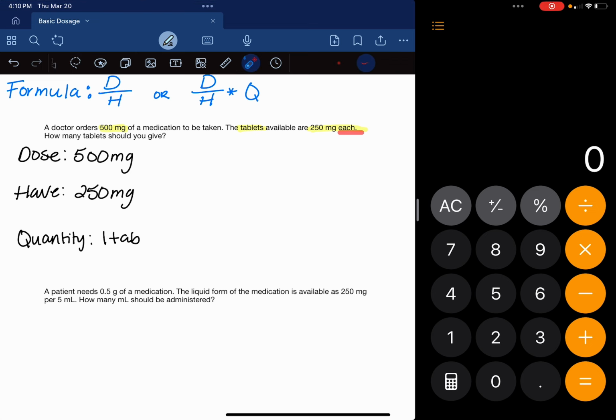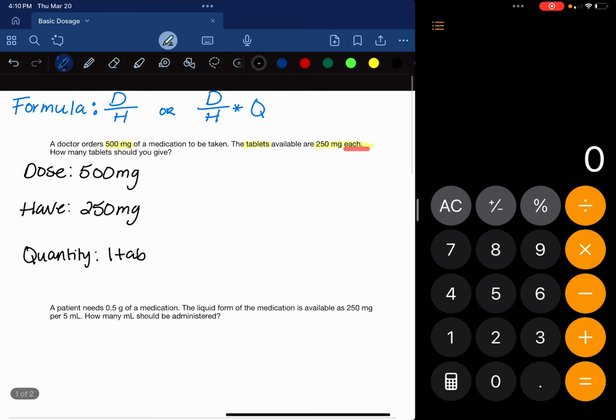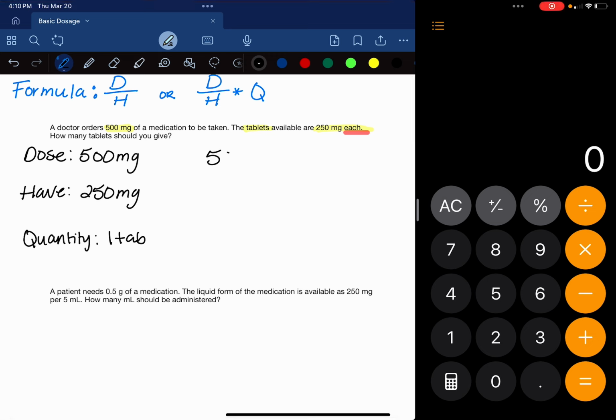Now let's make sure this matches up and checks out. So the dose that's ordered, 500. You have 250 milligrams in each tablet. So this is how we will plug this into the equation. We would say 500 mg over 250 mg times 1 tab. And what does that equal?